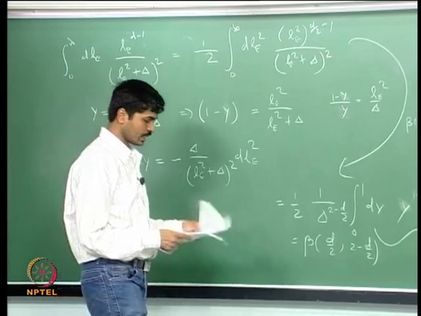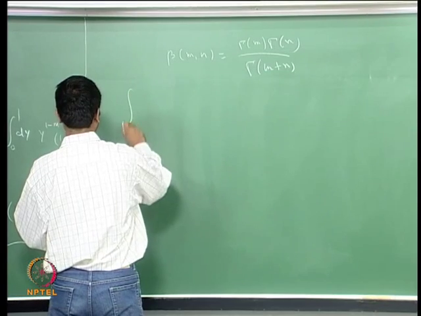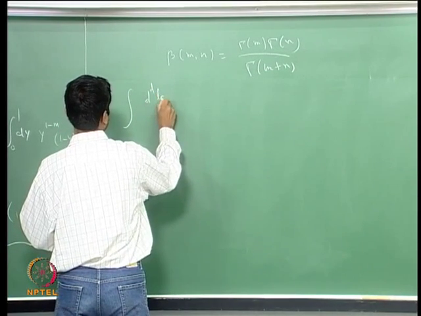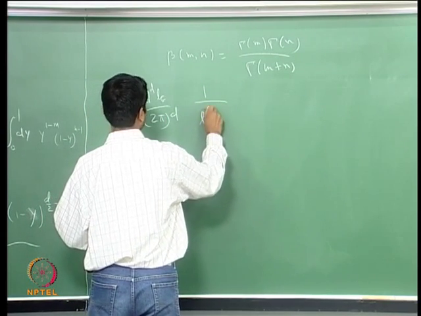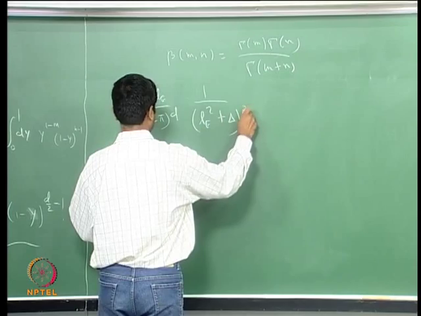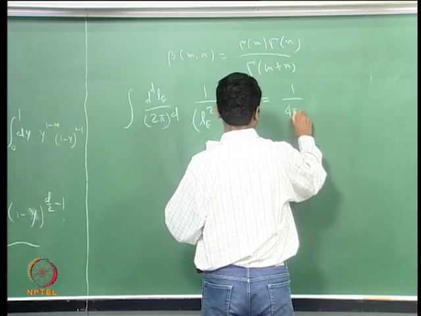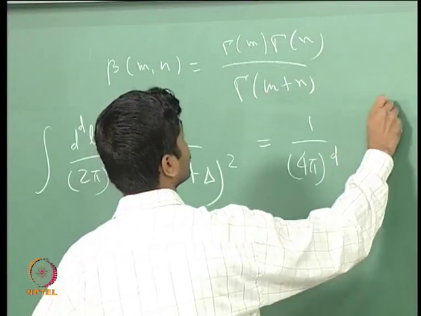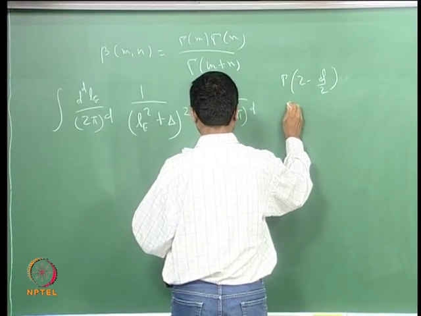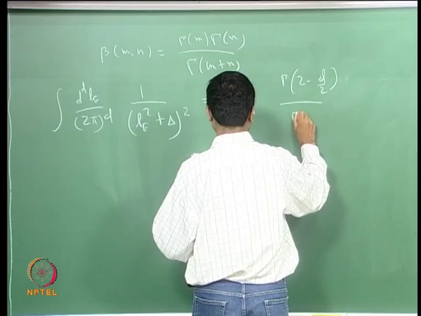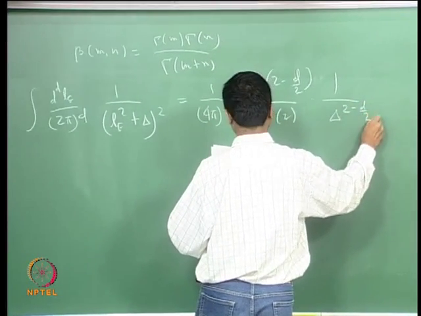When you do that, at the end of the day, what we will get is the integration d^d L_e divided by 2 pi to the power d, 1 over L_e square plus delta whole square, is nothing but 1 over 4 pi to the power d gamma 2 minus d by 2 divided by gamma 2, which is just 1 over delta to the power 2 minus d by 2.